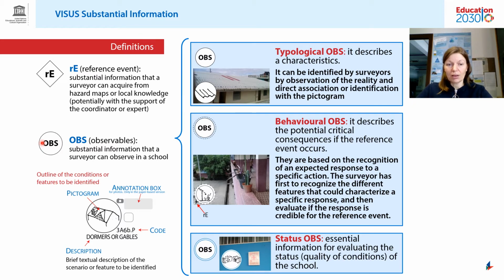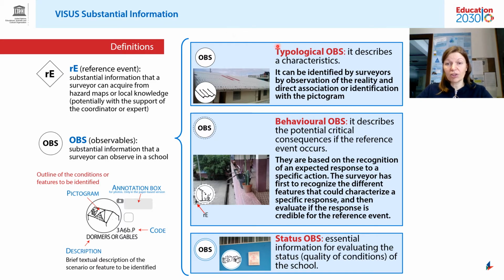We will see that the OBS are represented by a pictogram and by a brief textual description of the scenario or of the feature that has to be identified. And we will see then that each OBS has a code that provides information on each OBS.